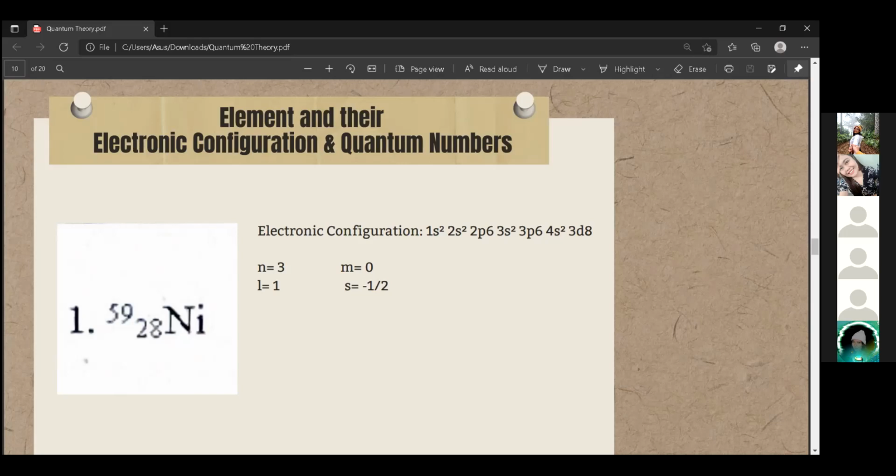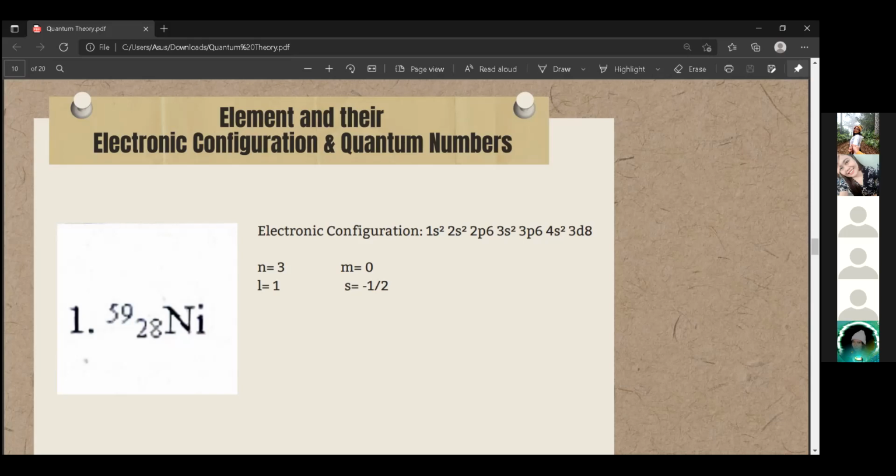As you can see, most of the time, the atomic number is smaller compared to the atomic mass. So para dili mo maglibog class, pag magbuhat mo og electron configuration, please use the lesser number, the 28. Yun yung gagawa natin ng electron configuration. So let's write the electron configuration here para may guide tayo.